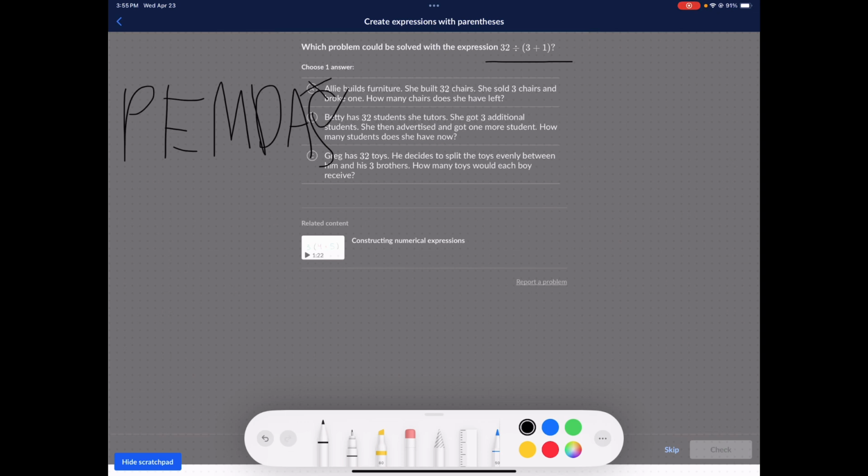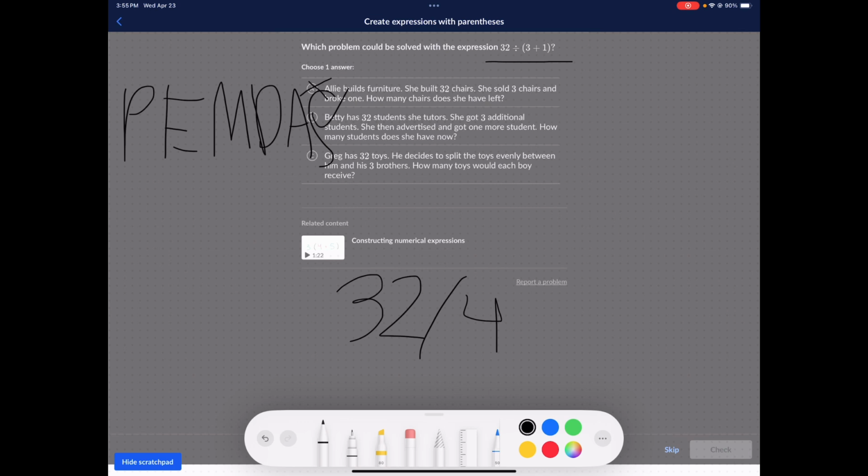Now I'm going to check number C. Choice C. Greg has 32 toys. He decides to split the toys evenly between him and his 3 brothers. How many toys will each boy get? Well, this isn't really it either, because we're including him, so it would be 32 divided by 4. So, oh wait.